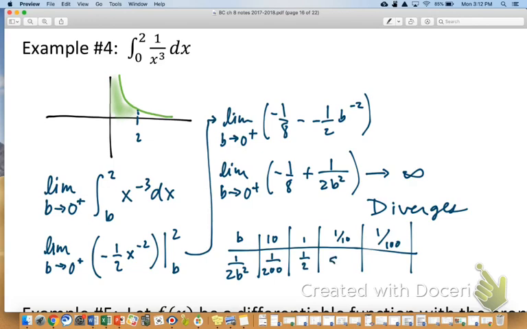And then I plug in 1/100th, that would be 1/10,000, that'd be 1/5, so I'd get 5,000 right there. So do you see how these outputs are starting to get large fast? Once you get up to like 1 billionth, it would be something like 500 million. We're clearly heading towards infinity. And what's negative 1/8 going to do anyways? Not much. It's just going to be crushed by a steamroller of infinity.